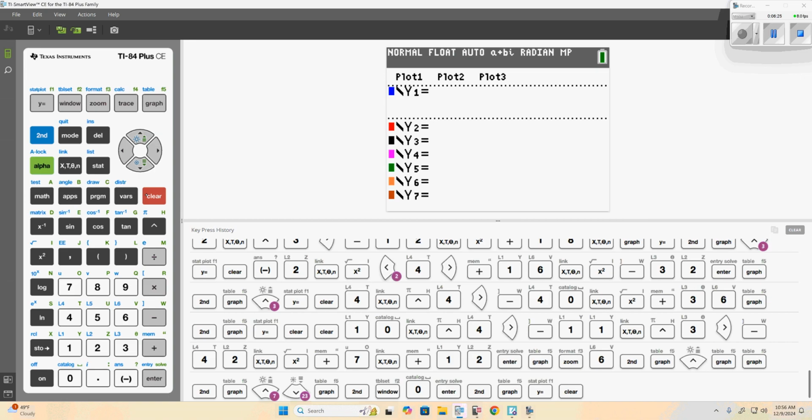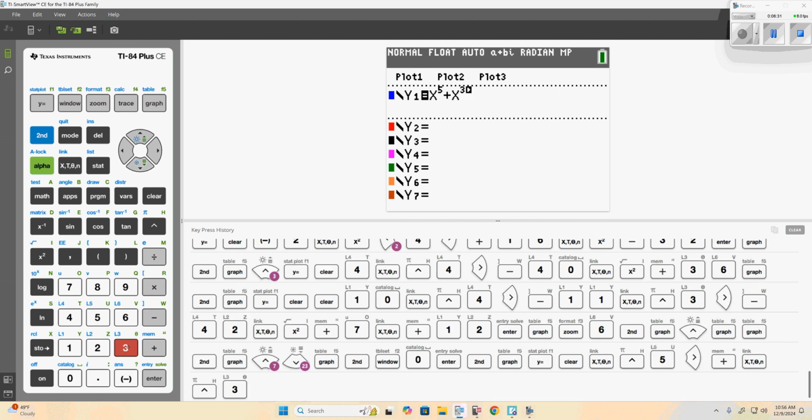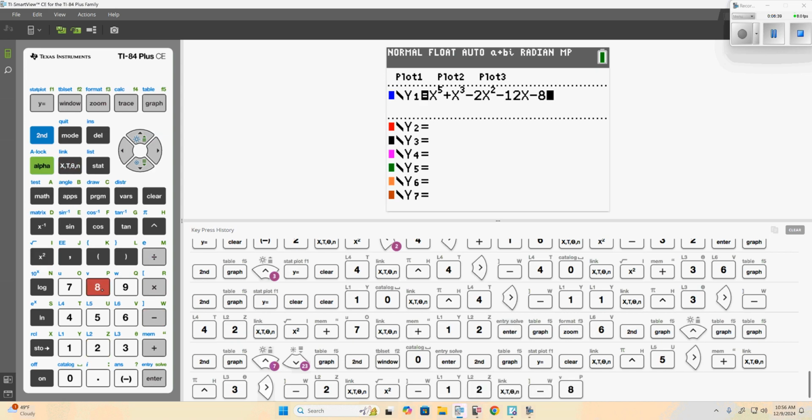So if we graph this, x to the 5th plus x to the 3rd minus 2x squared minus 12x minus 8. I'd make sure that y'all are able to type this in.